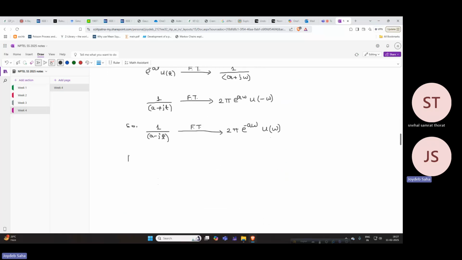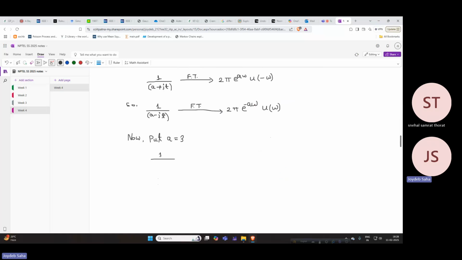Put a is equal to 3: 1 upon (3 minus jt), its Fourier transform will be 2 pi e to the power minus 3 omega u of omega. So this is the solution.